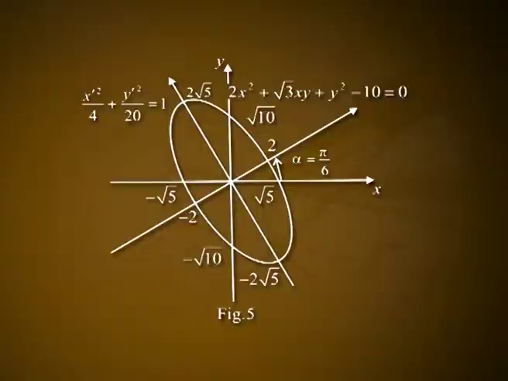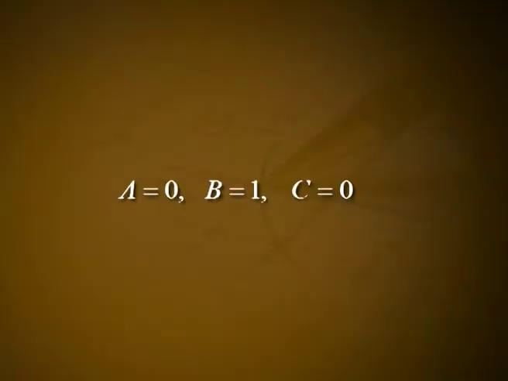Figure 5. Example 6. Identify and sketch the curve xy is equal to 1. Solution. As a first step, we will rotate the coordinate axis to eliminate the cross product term. Comparing with the given equation, we have a is equal to 0, b is equal to 1, c is equal to 0.